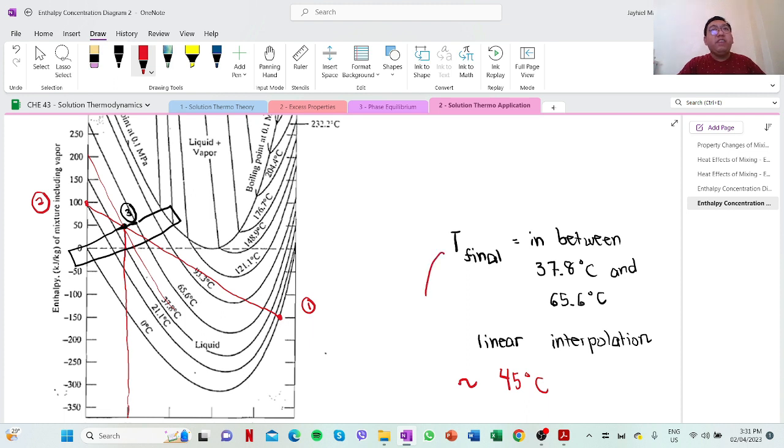The final answer that I can give is in between. The safest answer will be in between 37.8 and 65.6. So I hope you were able to understand how you're going to use the graph to solve for the final temperature for an adiabatic mixing process.